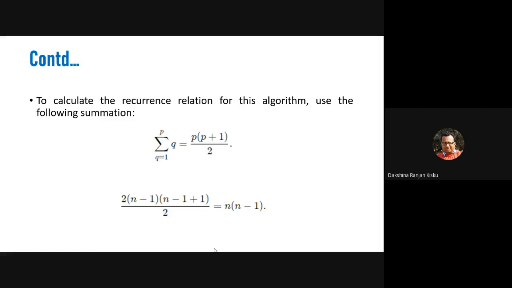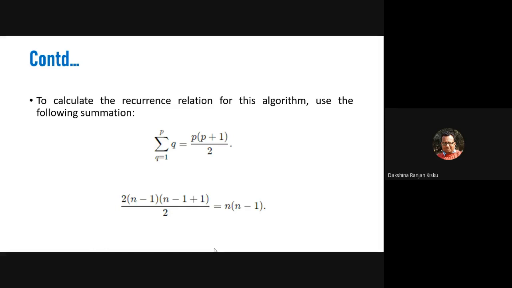So what is the dominating term? In this expression the dominating term is n square. So instead of n, we consider n square for the time complexity in the worst case and average case.